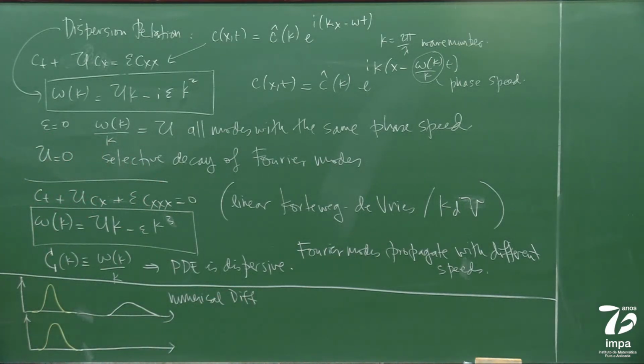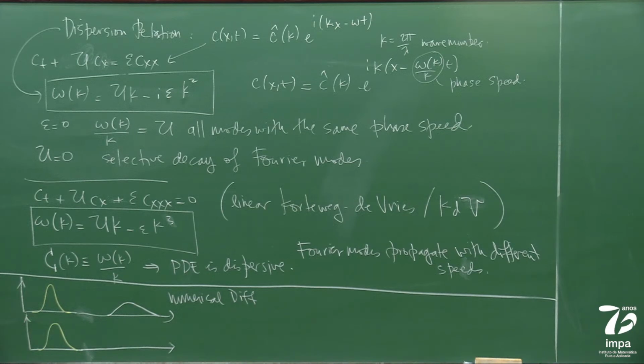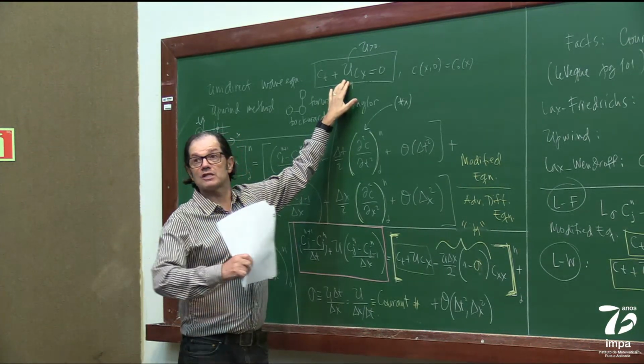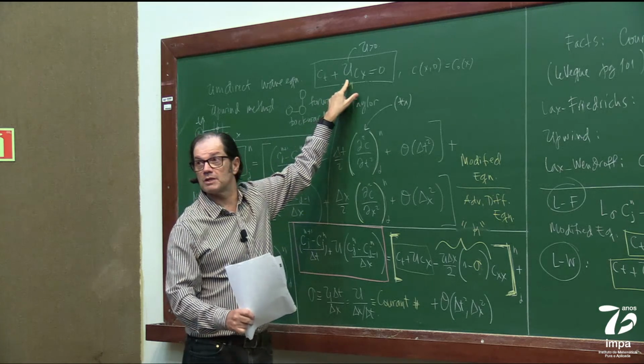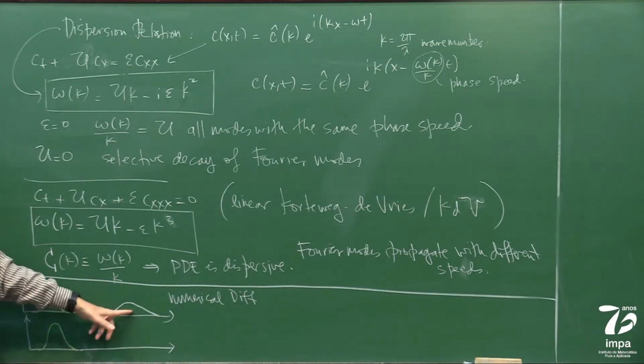Because look, if you're solving the wave equation, you should see this guy move as a traveling wave without changing its shape. Right? If you're solving this equation here, as we saw in last class, this is just a translation to the right with speed u. But on the computer, you will see a translation to the right, but with diffusion.